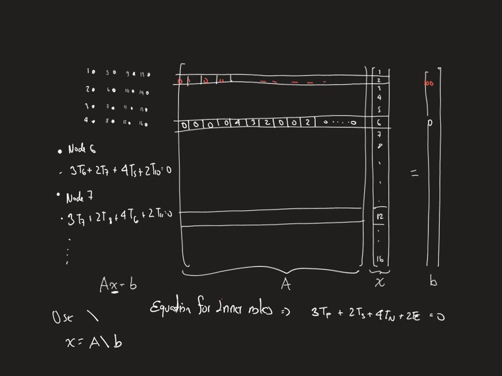So I suggest we start with brute force, doing it by hand. We get the whole procedure in a somewhat hard way, and we solve the system of equations with the backslash operator, and we get some results. But it's going to be a very coarse mesh, just a 4 times 4 matrix.